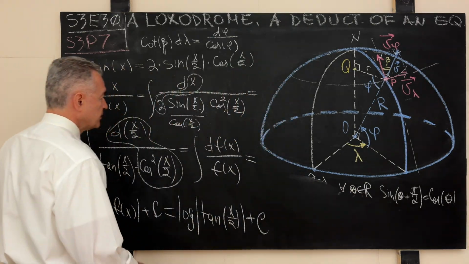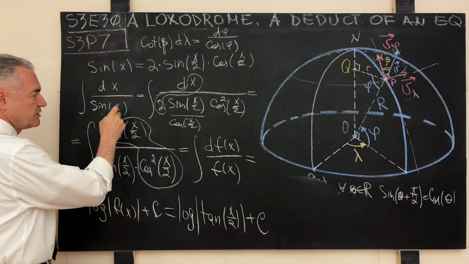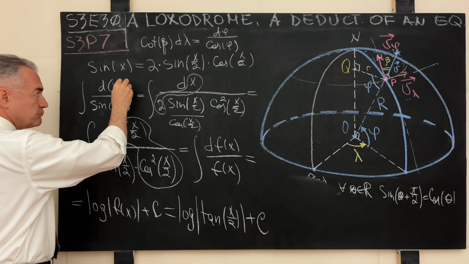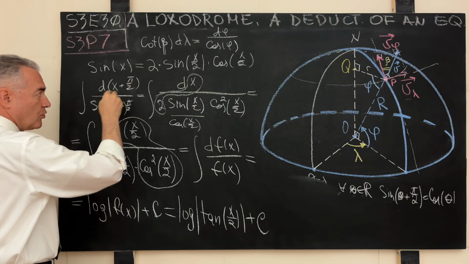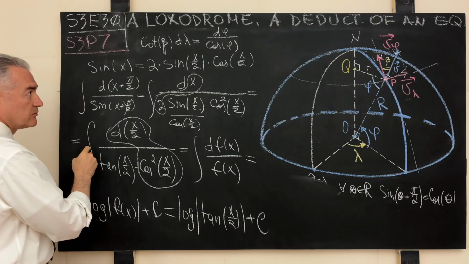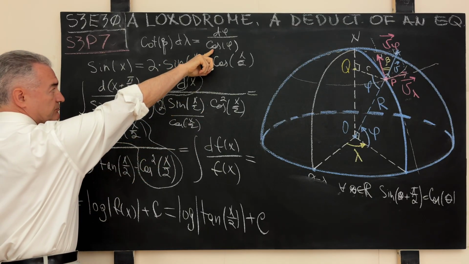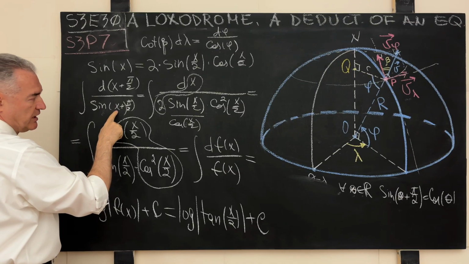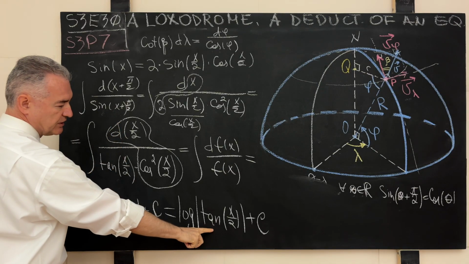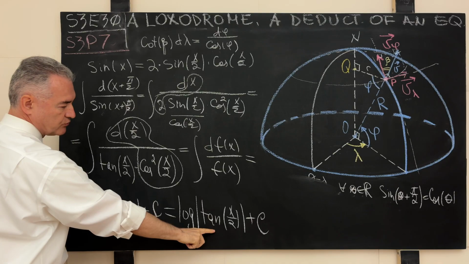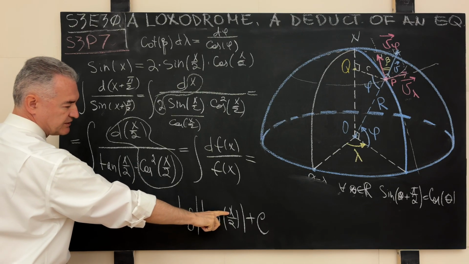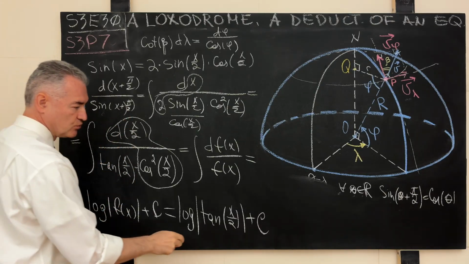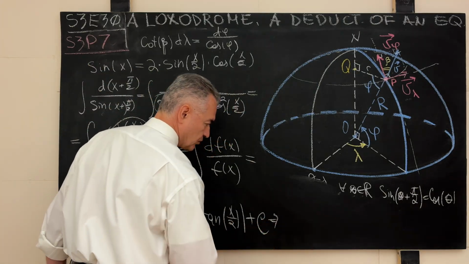Well, we simply replace x with x plus pi over 2, dx plus pi over 2. This whole thing becomes this integral right here, and now we replace our x in the result over here with x plus pi over 2.